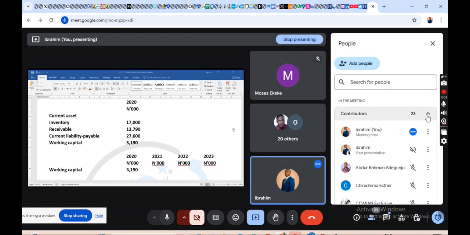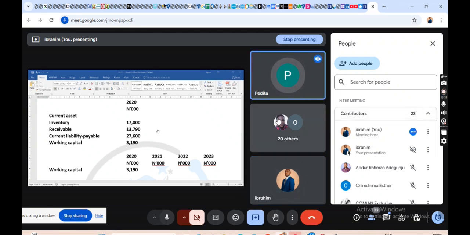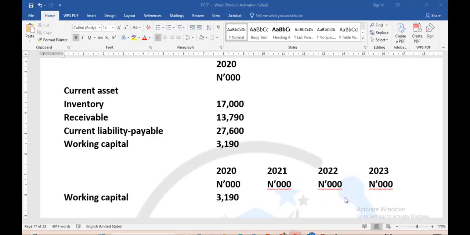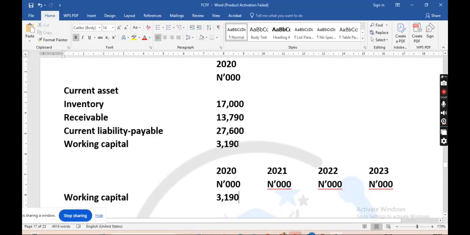Any question, please? Sir, please, can we put that current liability in brackets? Okay, I will do that now. Is there any other question? Okay, thank you. So, current assets minus current liability.